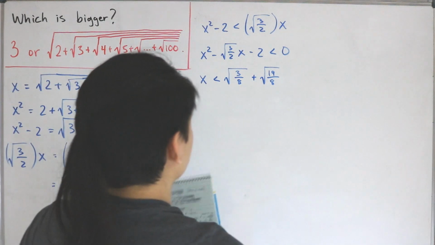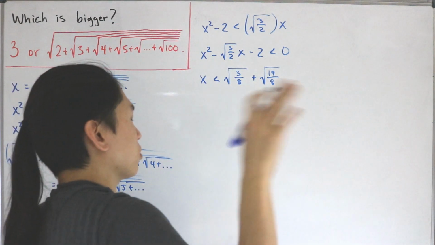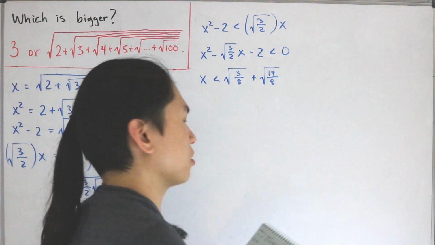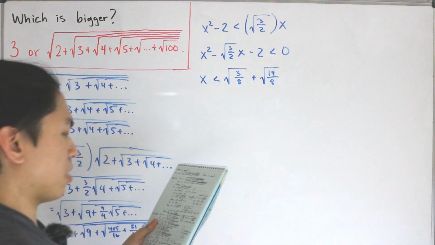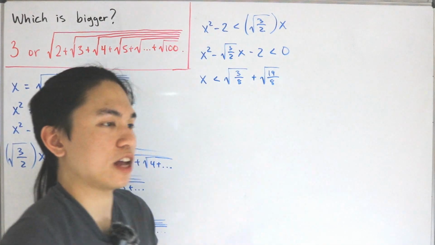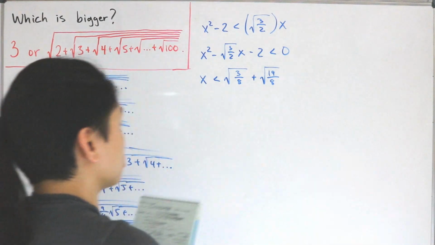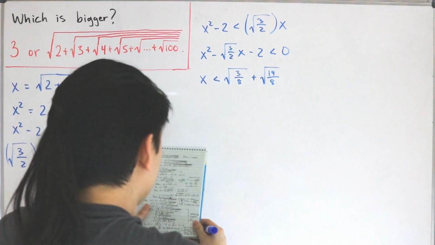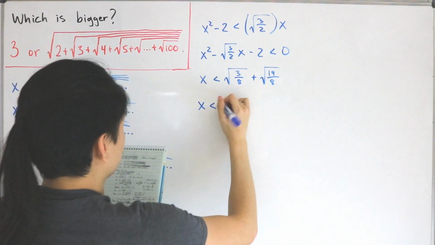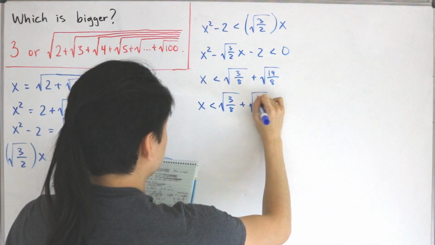We're actually going to use an interesting fact, and you can look this up. I'm sure there's more detail about the generalized mean, or even more information on Math Stack Exchange. We're going to use the fact that the sum of two square roots is less than twice the square root of the average of the two radicands. So I have that x is strictly less than the same thing over here, the square root of 3 divided by 8 plus the square root of 19 divided by 8.